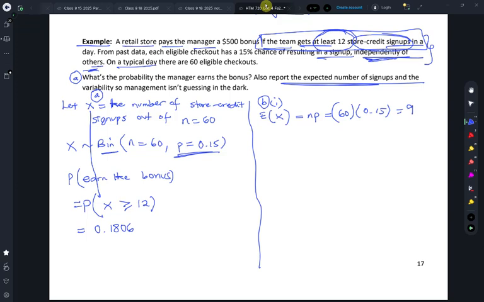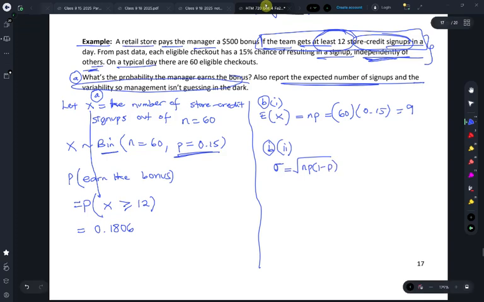Then B2, in this case, we're also to find the variability so that the management isn't getting in the dark. A measure of variability is a measure of spread. So that will be the standard deviation, which is the square root of np times 1 minus p.